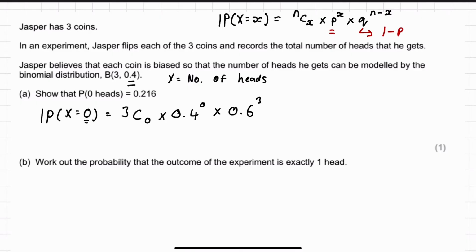Now, all you need to do is type this into your calculator. However, 3 choose 0 is just 1, and 0.4 to the power of 0 is 1. So really all you need to type in is 0.6 to the power of 3. And if I do that, that gets me 0.216 as expected.